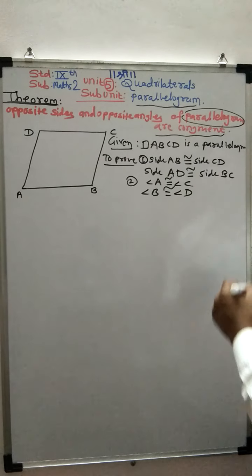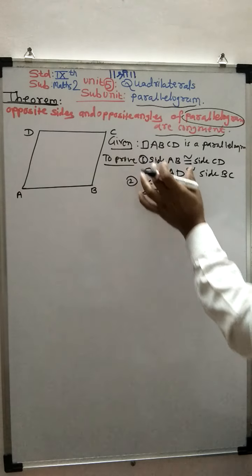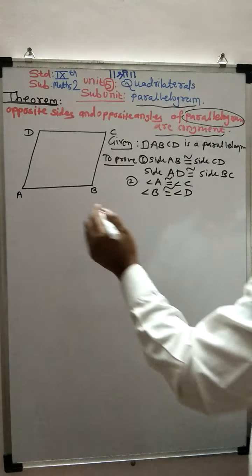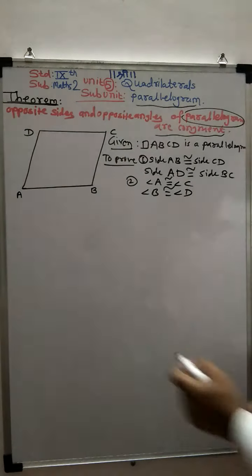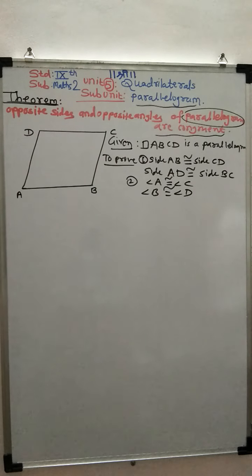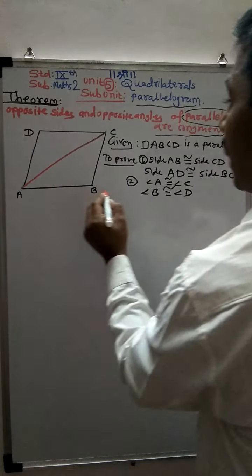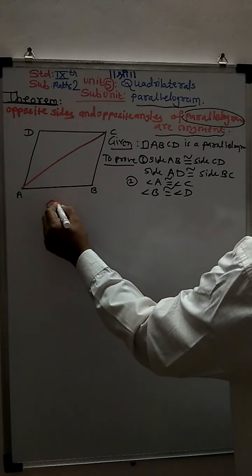How can we prove this? To prove corresponding sides or angles are congruent, there must be two triangles. So we draw a diagonal AC. Construction.